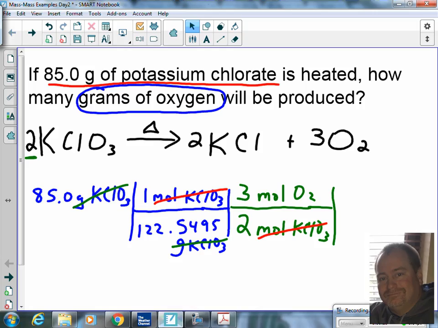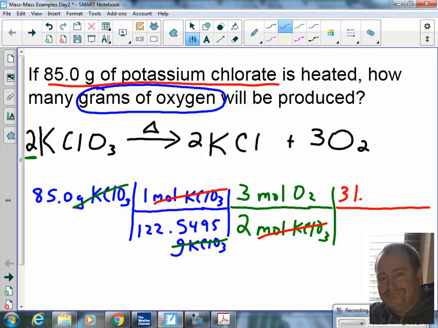So as I come back, what was my molar mass of oxygen? Andrew? 31.9988. Okay, and I'm going to put my label up here. Grams of O2 over 1 mole O2. Do I get a cancellation? Moles of O2, moles of O2.